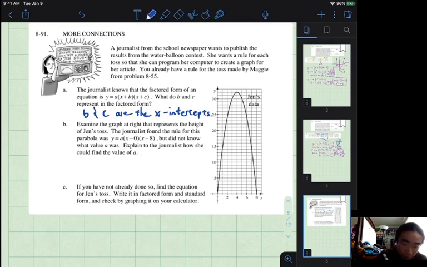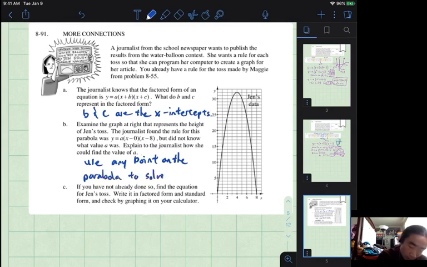So just like before, now we know how to use any point on the parabola to solve for A.